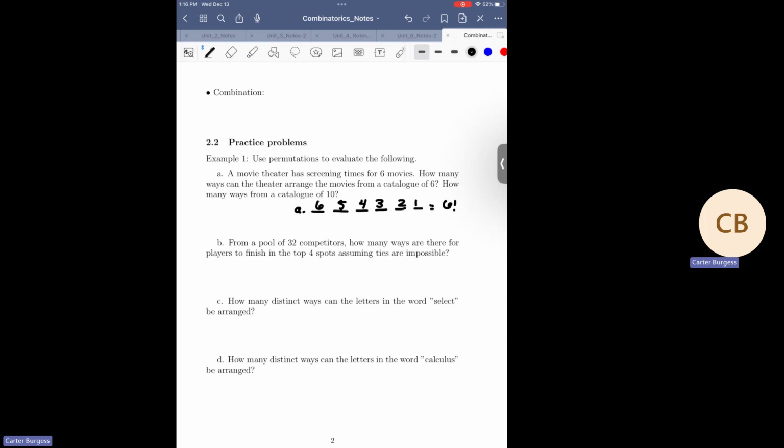The first thing that I would like to note is that the number of objects that we are arranging hasn't really changed. Which is to say it still matches the number of movies, right? We had 6 movies to assign to a slot. Now we have 10 movies to assign to a slot. So let's consider this.